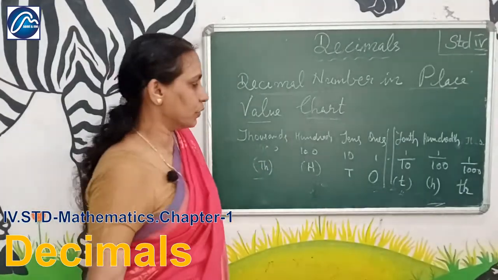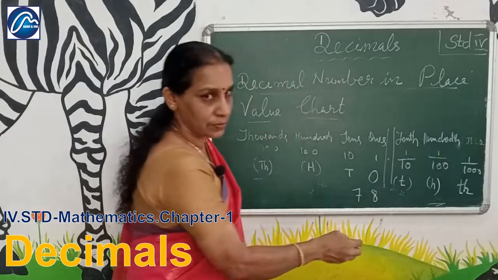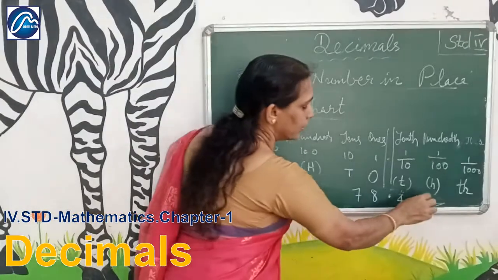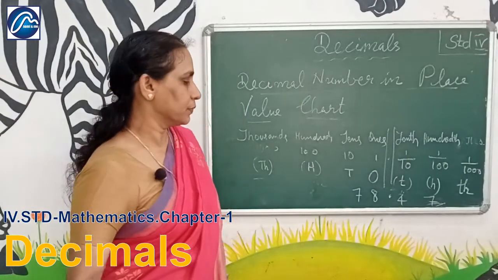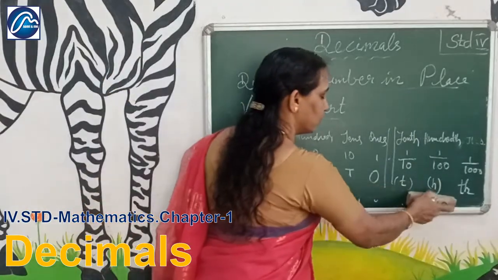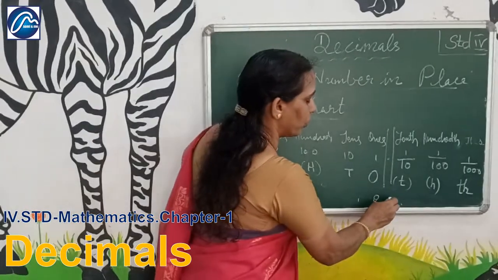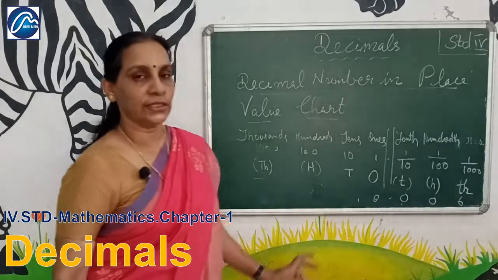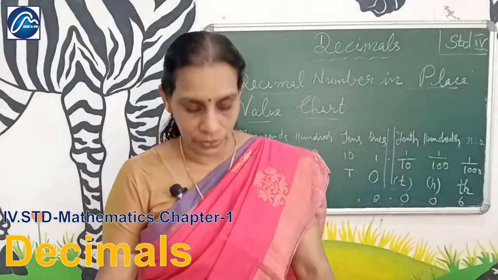In 78, 8 is the ones place, 7 the tens place, and 0.4 is tenth, 7 hundredth. Suppose you are given 0.006. How will you show that in the place value chart? 0.006. Okay, this is how we show decimal numbers in the place value chart.